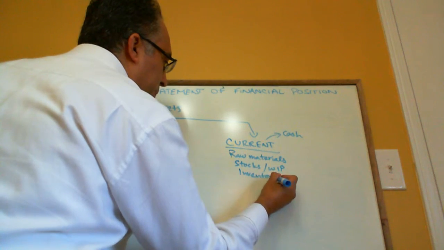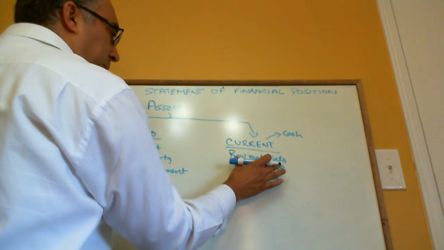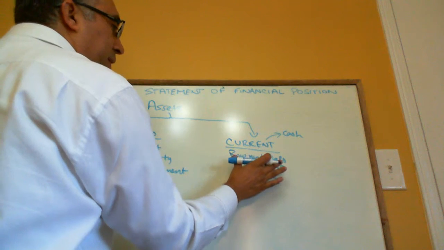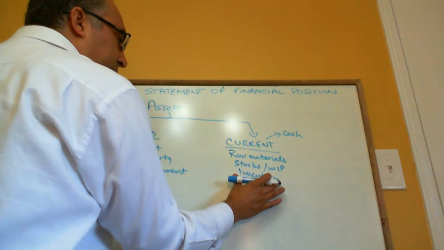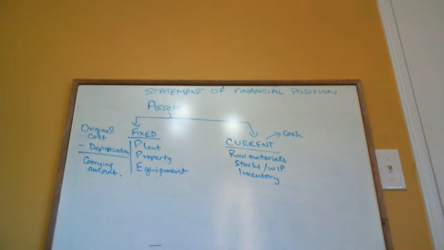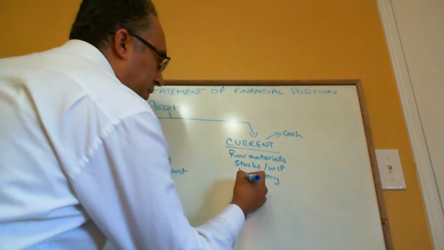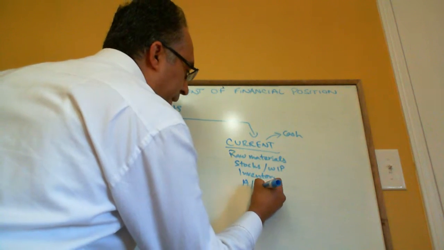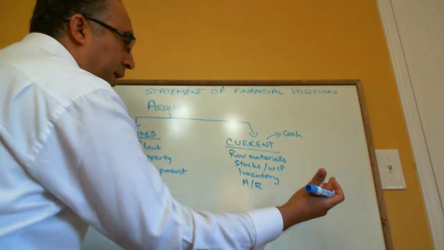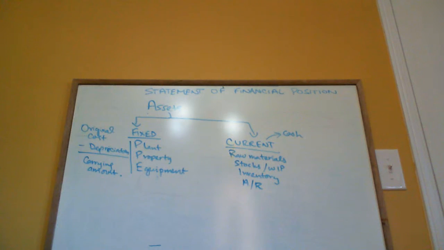Work in progress refers to those items, services, or products which are being worked on within the company, and inventory is the product which is in the warehouse and has not been sold yet. Then we have accounts receivable and prepaid expenses. Accounts receivable is any item which is shipped out to the stores and for which we have not yet received any money.